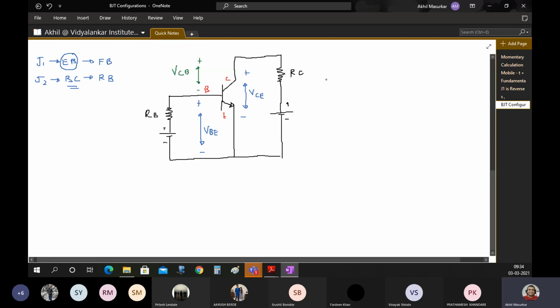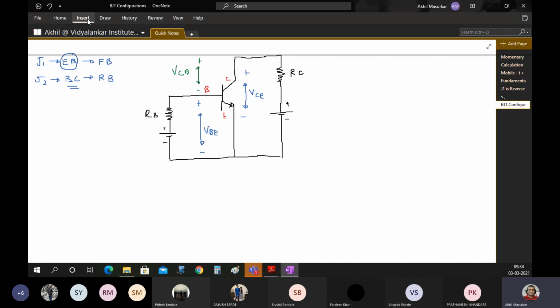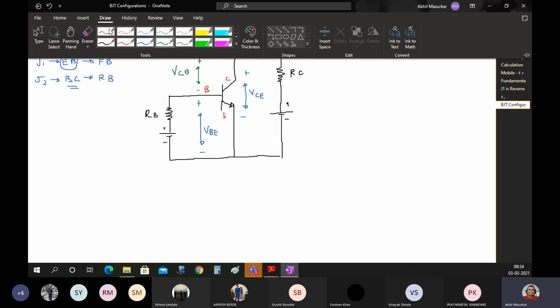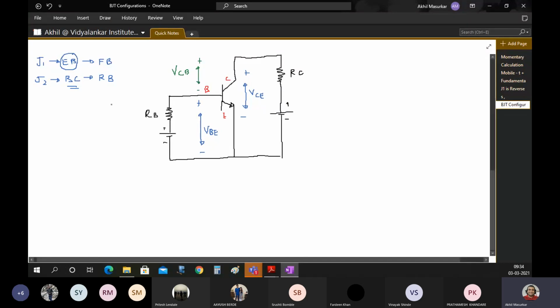So common sense should tell you, if you apply KVL, that VCE is equal to VCB plus VBE. So you can see that the VCE is the voltage between the collector and the emitter, that is on the output side. However, collector and emitter, if you see from the input side, it will be VCB, this plus this. So you are applying simply KVL.